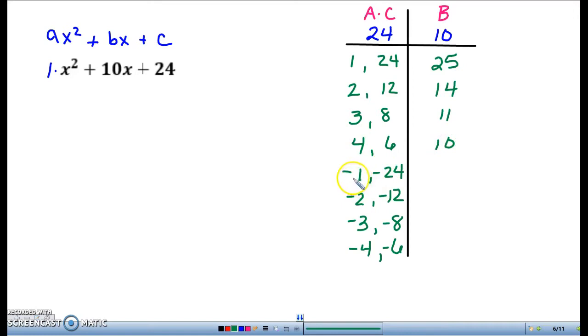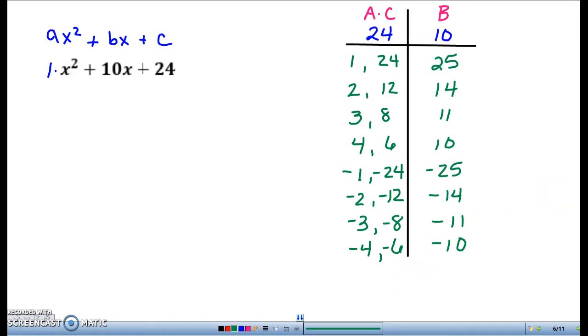Here we get negative 1 plus negative 24, that's negative 25. Negative 2 plus negative 12, negative 14. Negative 3 plus negative 8, negative 11. Negative 4 plus negative 6 is negative 10. We really didn't need to do all of those, but I'm going to use this chart with some following trinomials that we're going to factor.